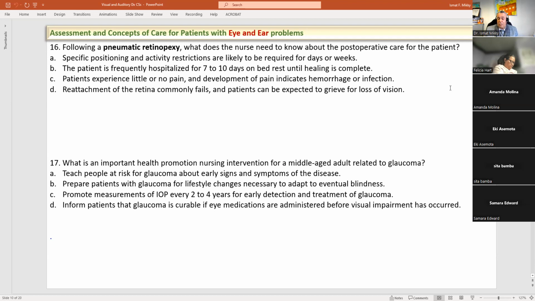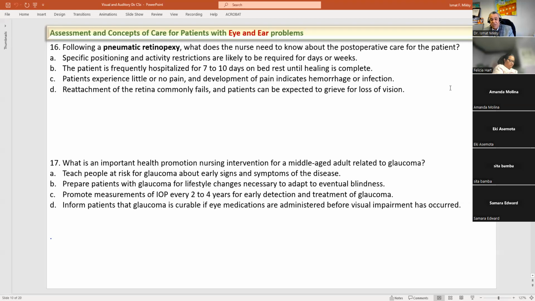16. And this is a position that I mentioned in class, that's post-op. The patient must position the head so that the bubble is in contact with the retinal break, and may have to maintain this position for up to 16 hours a day for at least 5 days post-op.